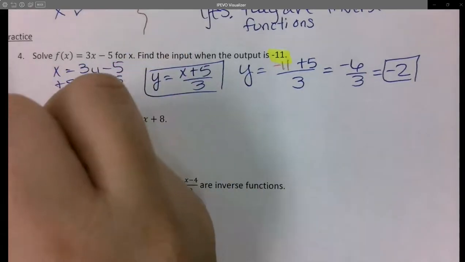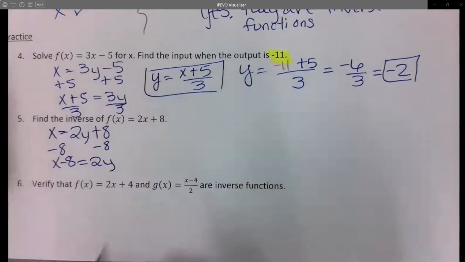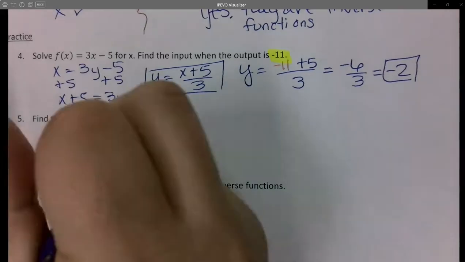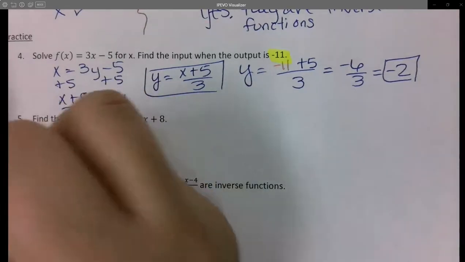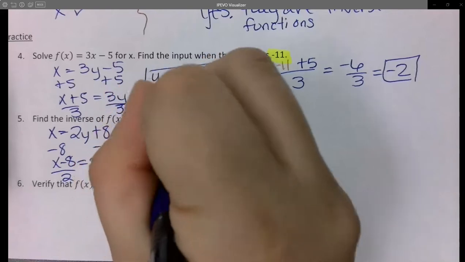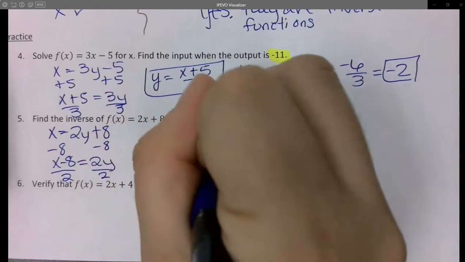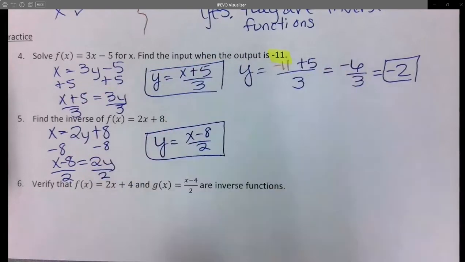So I have x minus 8 equals 2y. Then I want to divide both sides by 2. And I get y equals x minus 8 divided by 2. Questions here?